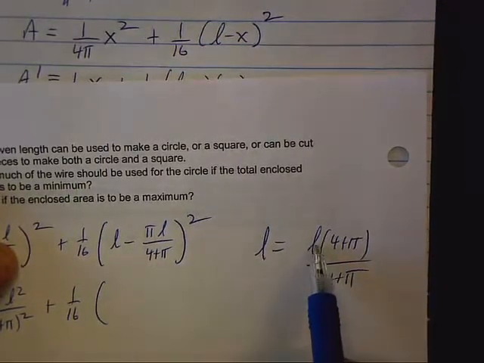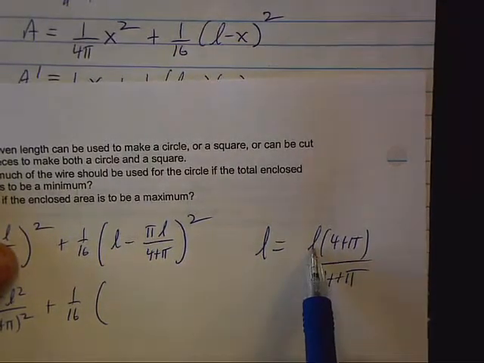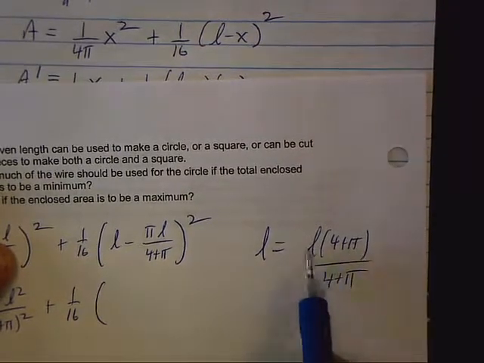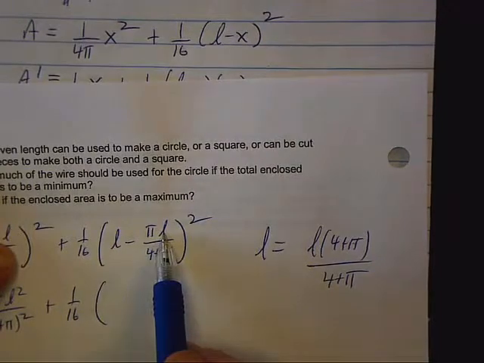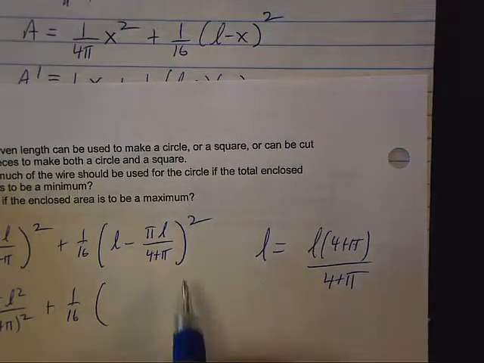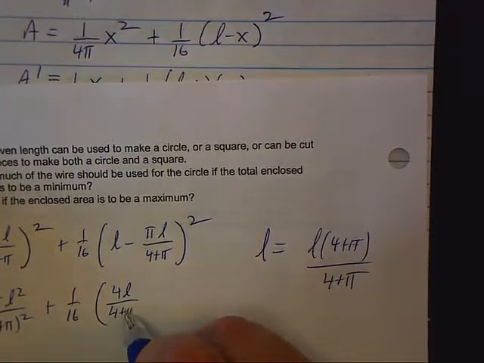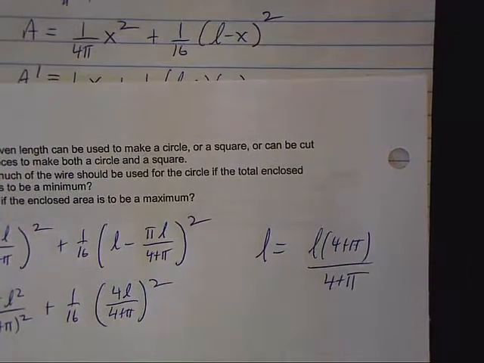Look what's going to happen. You're going to have a 4L here and a pi L here, but you've got a minus pi L there, so those cancel out. What are you going to be left with? 4L over 4 plus pi, and that whole thing is squared.